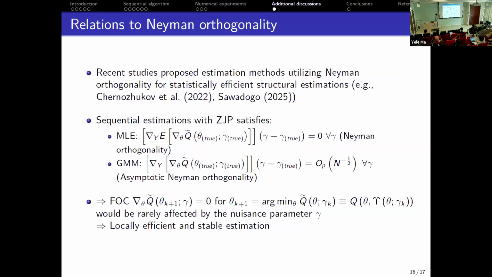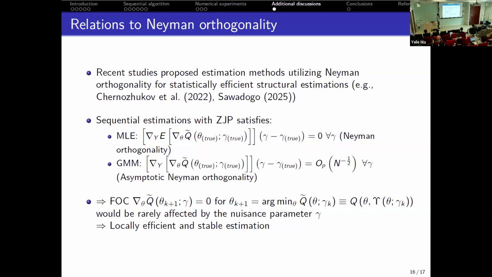And concerning sequential estimations with GJP, first, Neyman orthogonality holds in the case of the MLE, and even in the case of the GMM, Neyman orthogonality holds asymptotically.